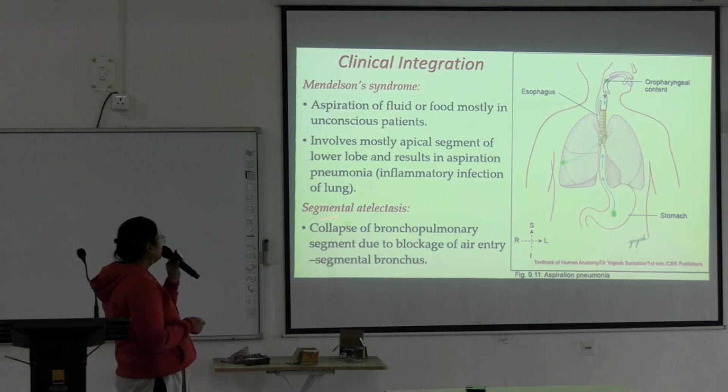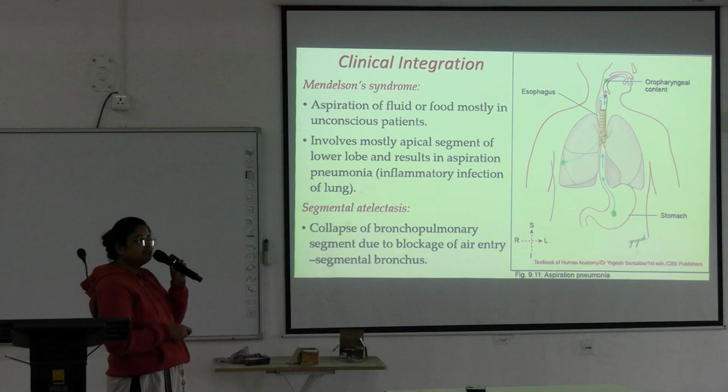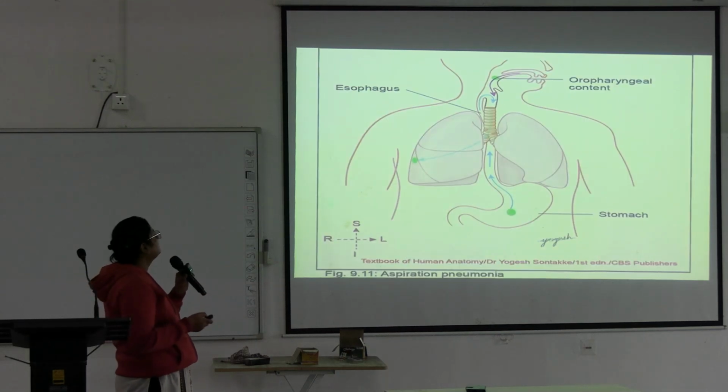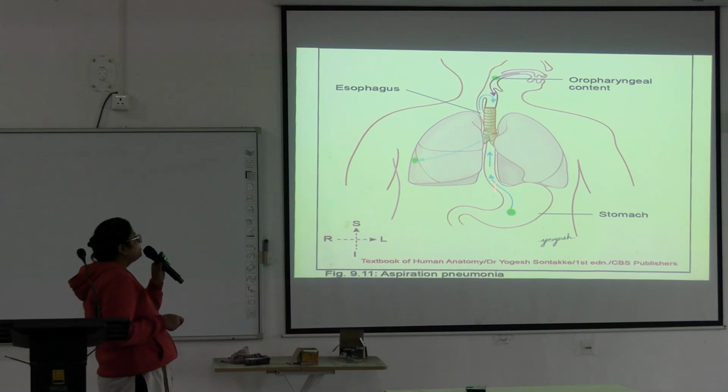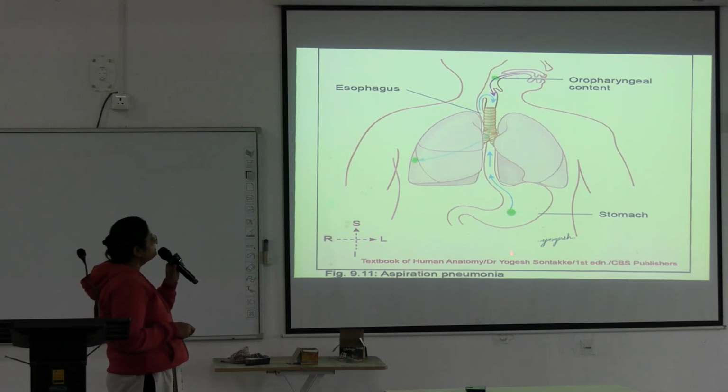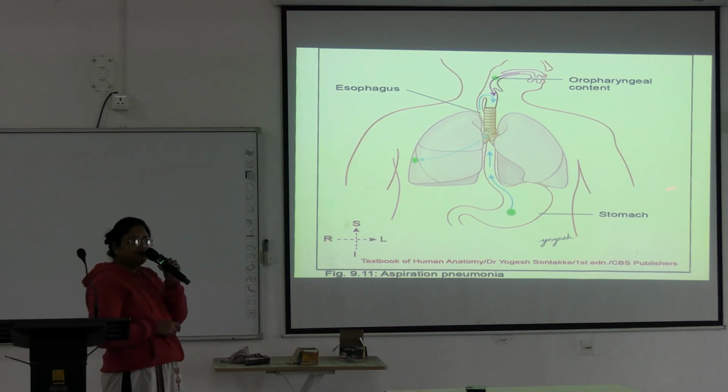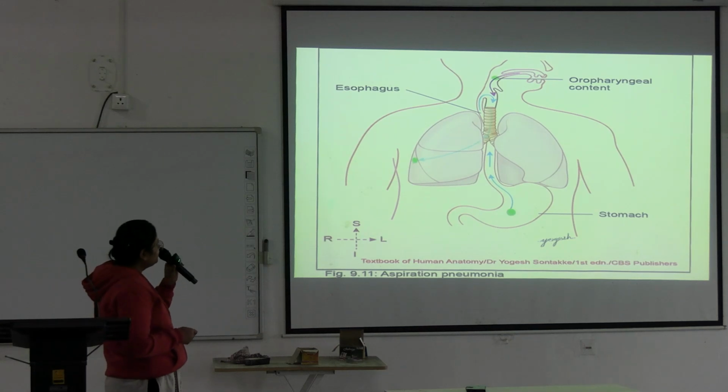So that is segmental atelectasis. Here aspiration pneumonia has been shown. Food material is coming out from the upper opening of the esophagus, entering the respiratory tract and going towards the apical segment of the lower lobe of the right lung.